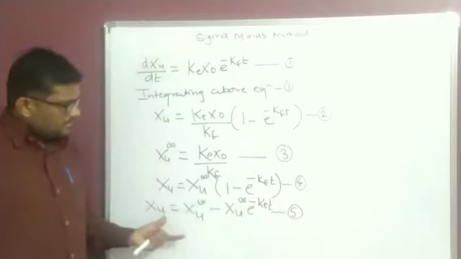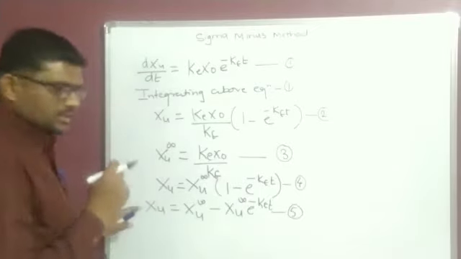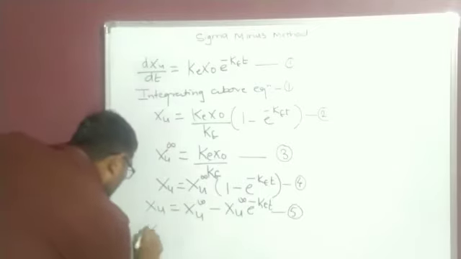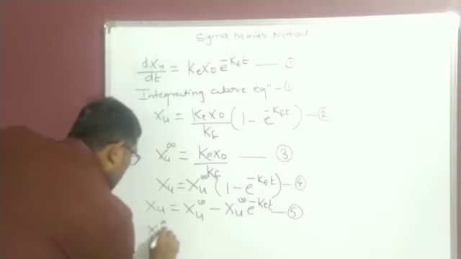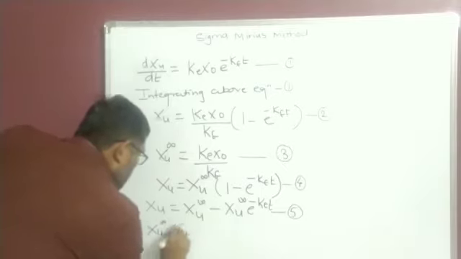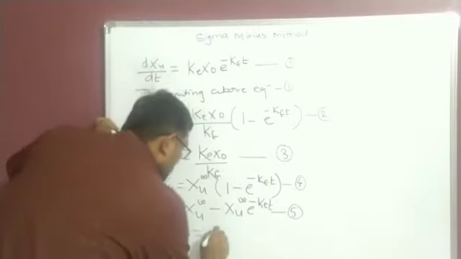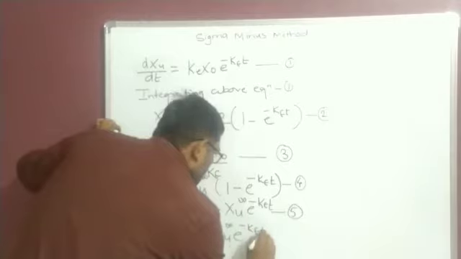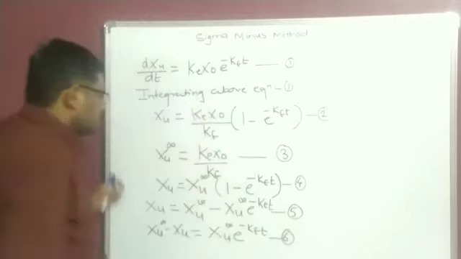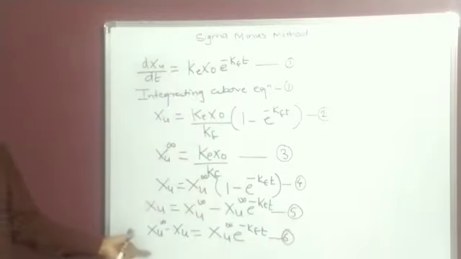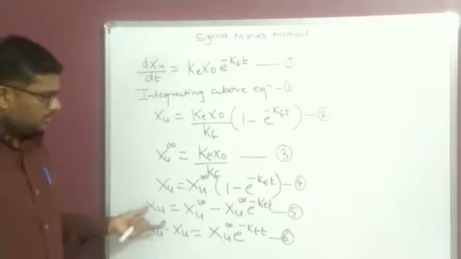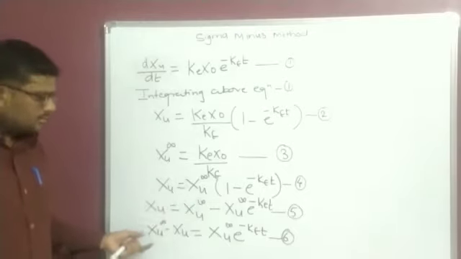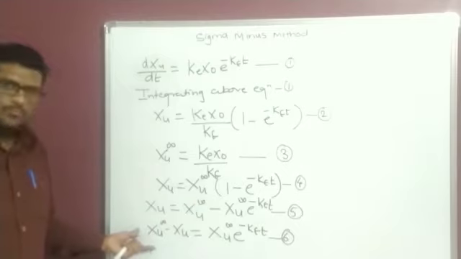Now arranging this equation, you will get Xu infinity minus Xu is equal to Xu infinity e raised to power minus ke t. Equation 6. By multiplying this bracket and rearranging, you will get this equation.